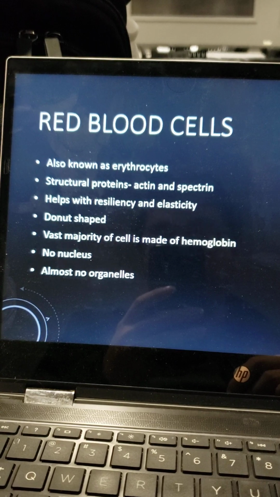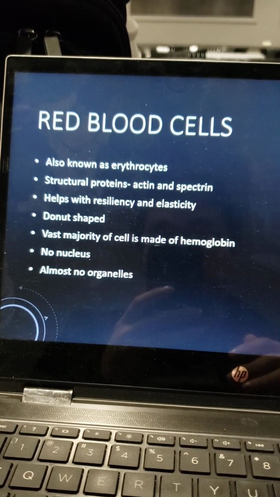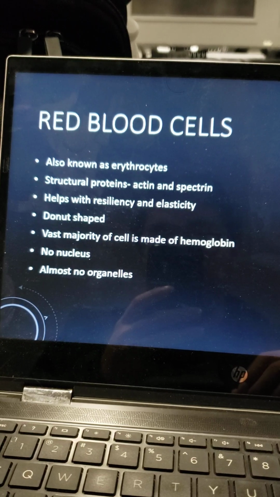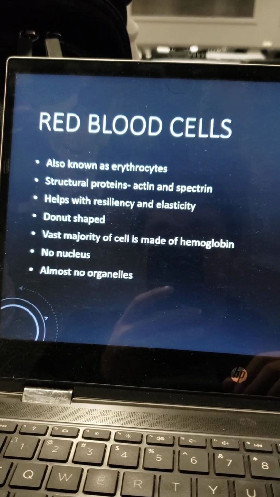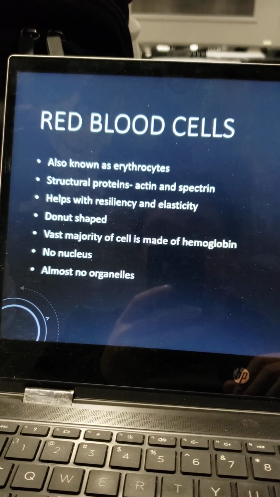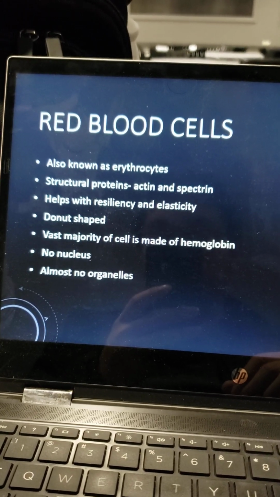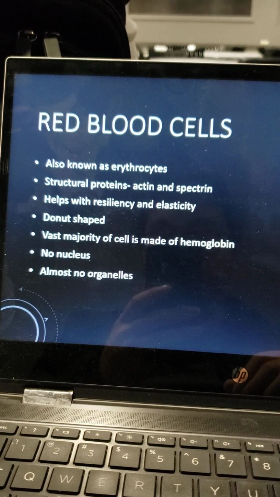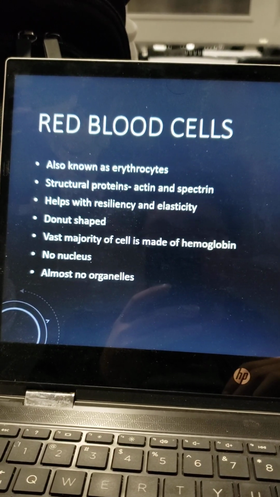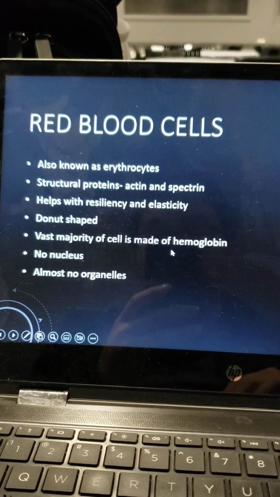Some of these red blood cells, erythrocytes, can actually bend, and they have to in these narrow capillaries and vessels. They're donut shaped, and the most important protein is hemoglobin, which makes up the vast majority of the cell.